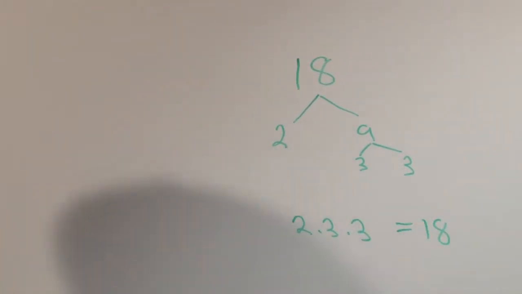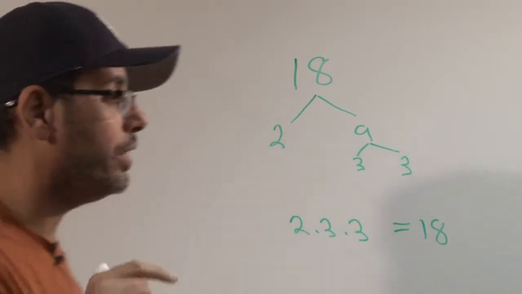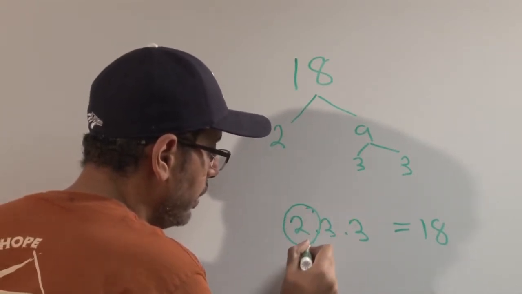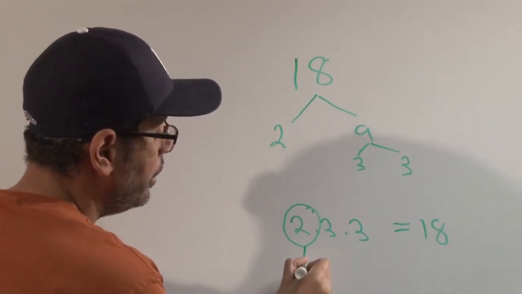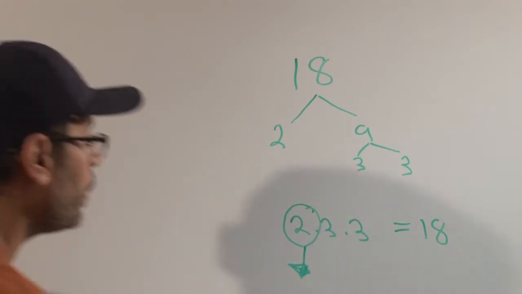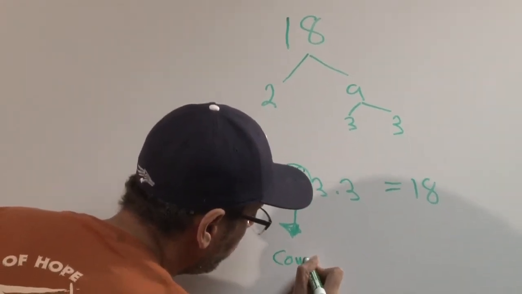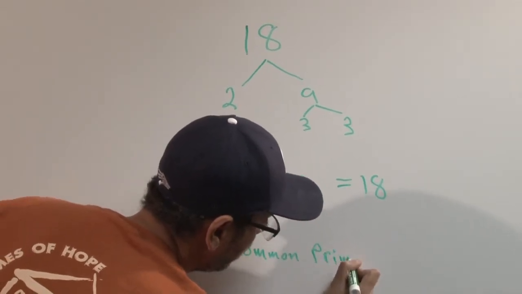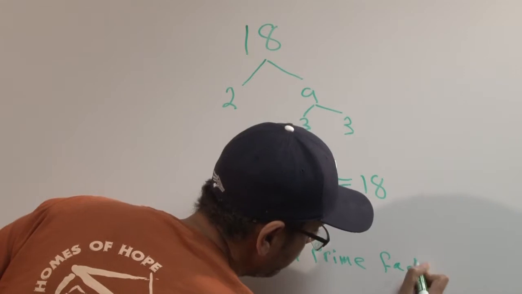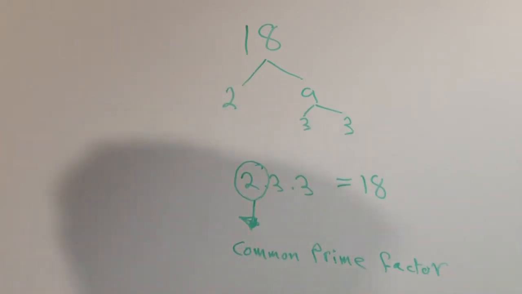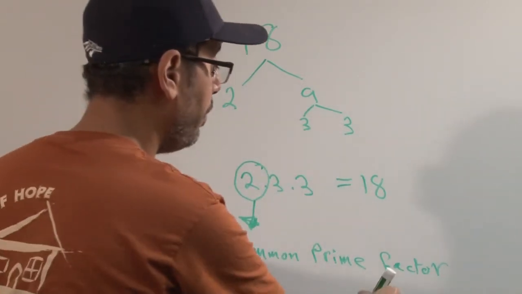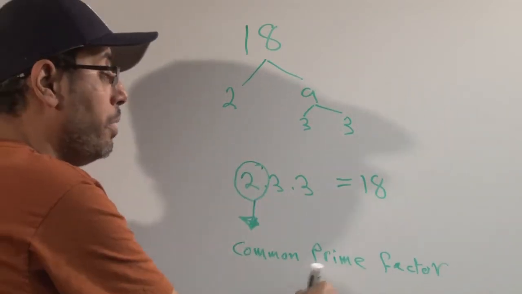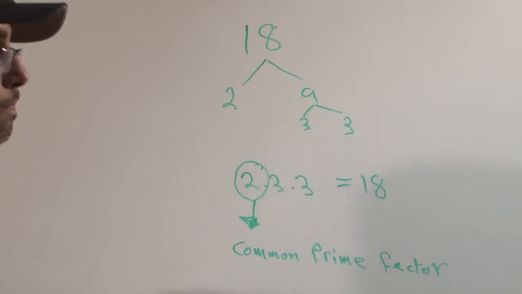So I factor 18 into 2, 3, and 3. How do I call that? This element, I call it the common prime factor. So 2 is a common prime factor of 18, as well as 3.